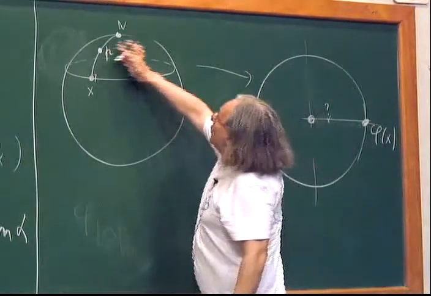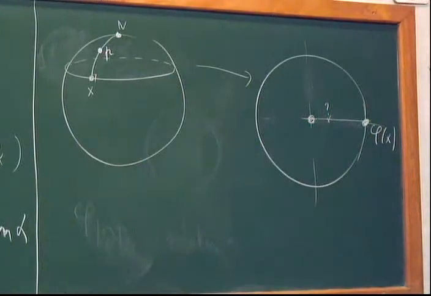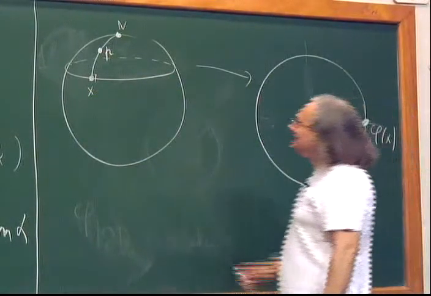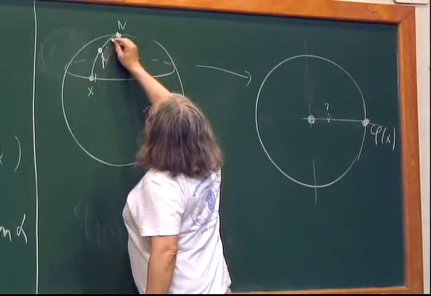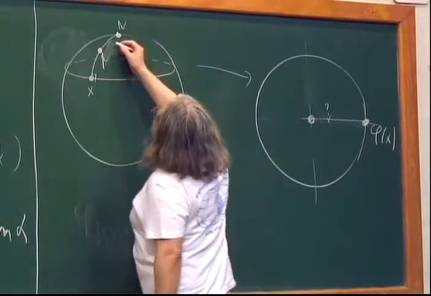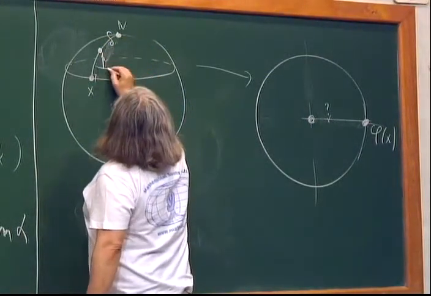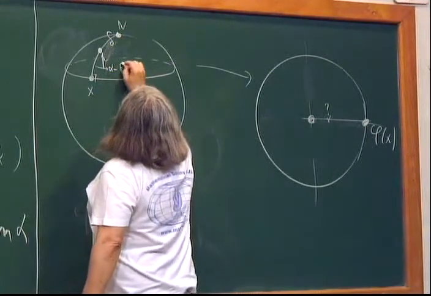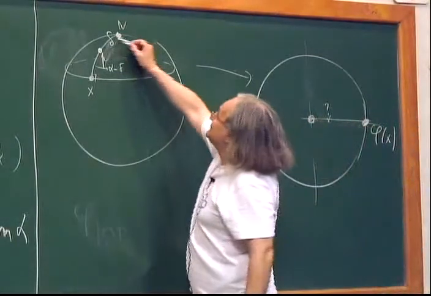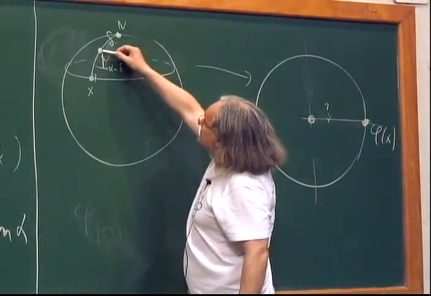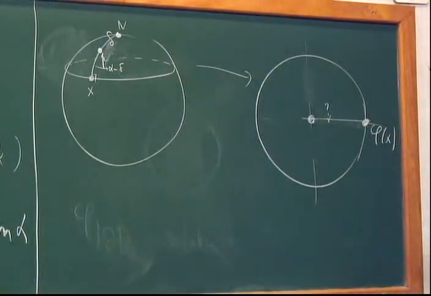I want to say it goes there, to a point with the same distance to the North Pole. So where can it go? Well, let me call this distance here delta, and this distance here is alpha minus delta. So this point P is at distance delta from n, and distance alpha minus delta from x.